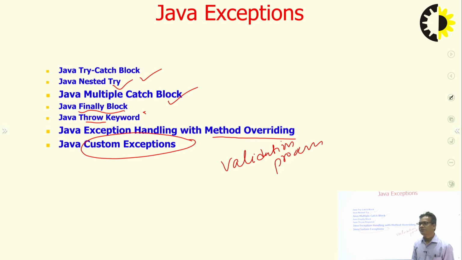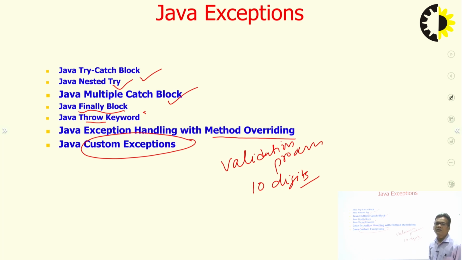For example, think about when you are asking a user to enter a mobile number, so you are restricting the user to enter only 10 digits. It may be that the user enters only 9 digits or more than 10 digits.